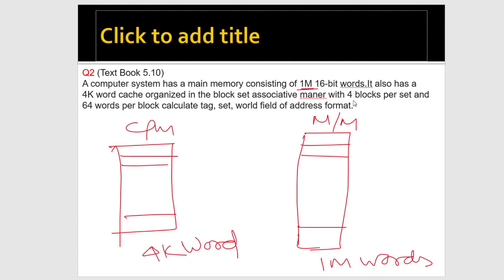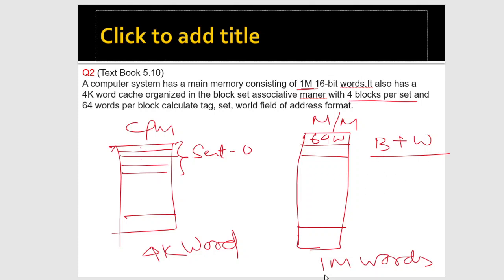And it is 4 blocks per set. That means 1, 2, 3, 4. This is my set 0 consisting of 4 blocks. And the size of the block is 64 words. So my main memory is how much? Block plus word.